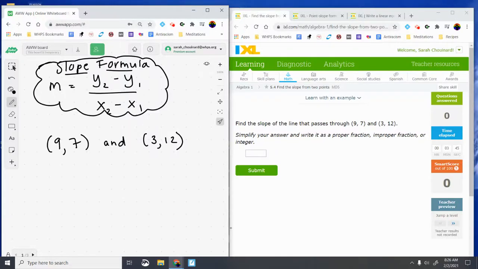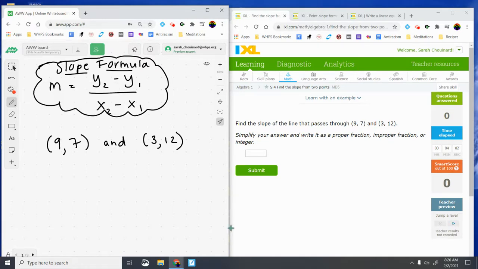Alrighty, so let's go through a few of the topics that we've covered, calculating slope and then using point slope form. So the slope formula is y2 minus y1 over x2 minus x1.